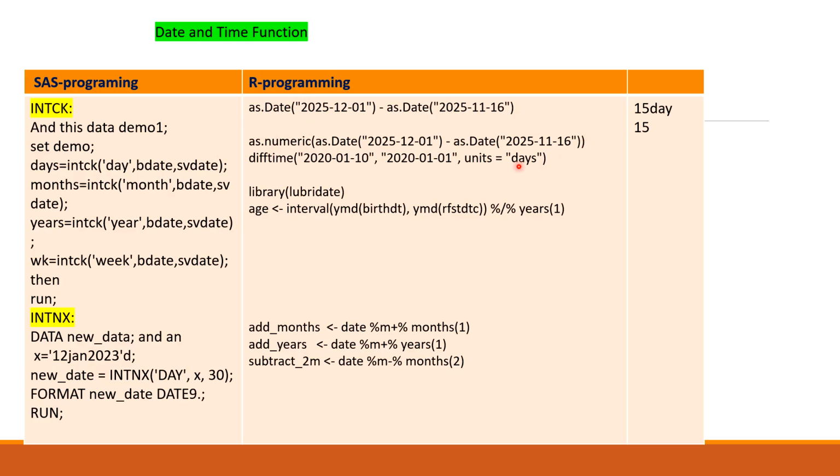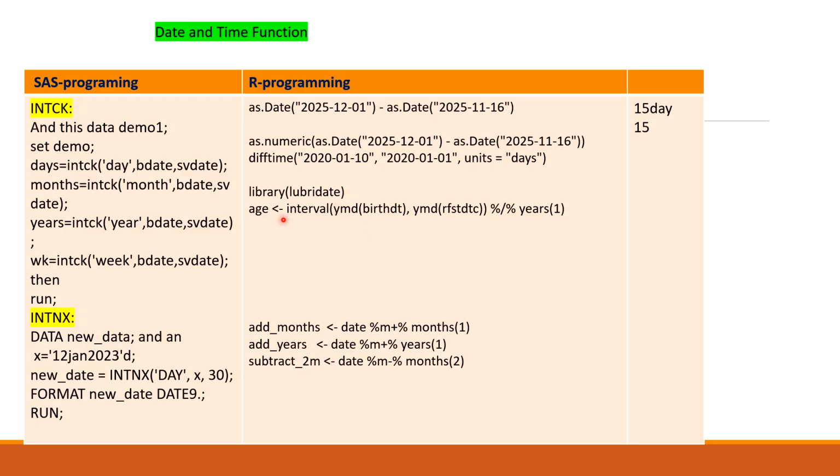Day-wise also, if you want, we can write the difftime function in R programming. Like how we are getting days, how many days, instead of these two functions we can directly use this one. Year-wise also, how we are getting only the year-wise difference: for that also we need to install the lubridate library.